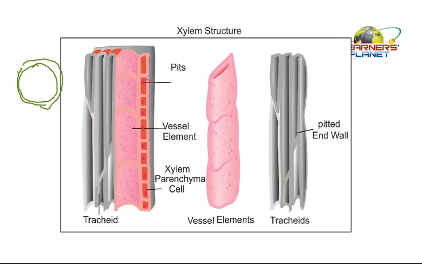Then the inner layer is the endodermis. In between these two layers, there is the cortex. Then the central part below the endodermis is a region known as pith, the central ground part of the stem or the plant.